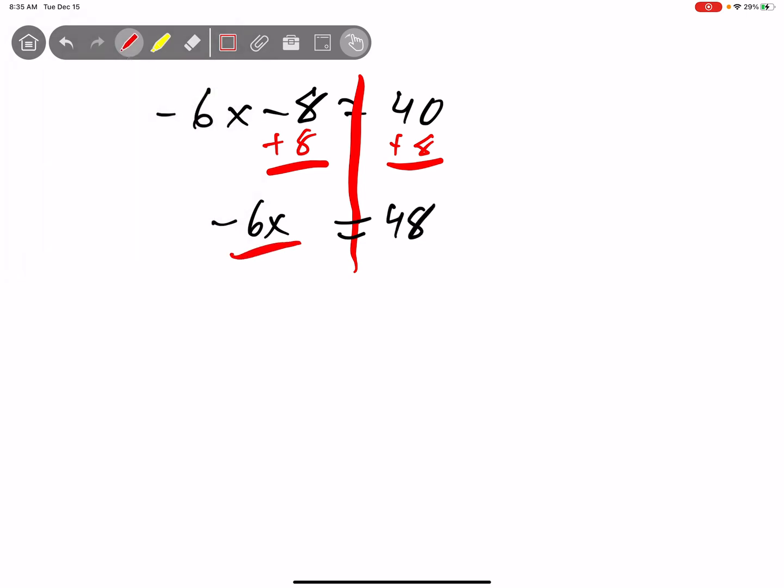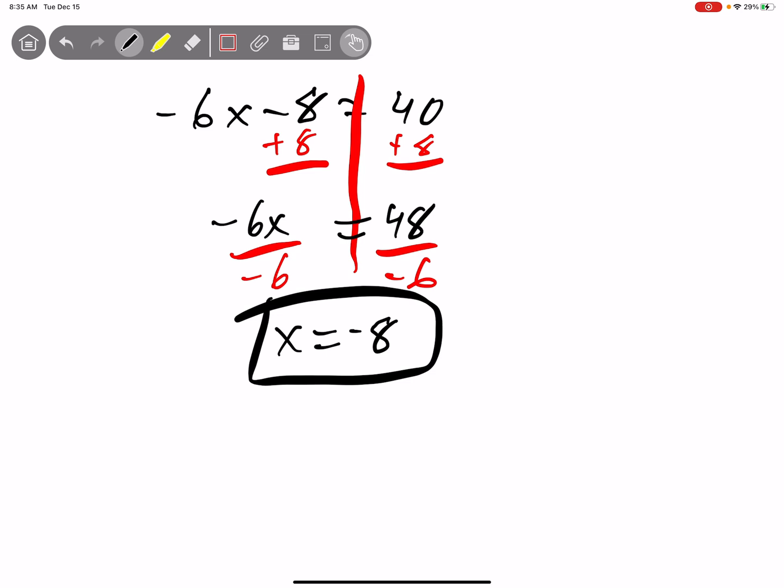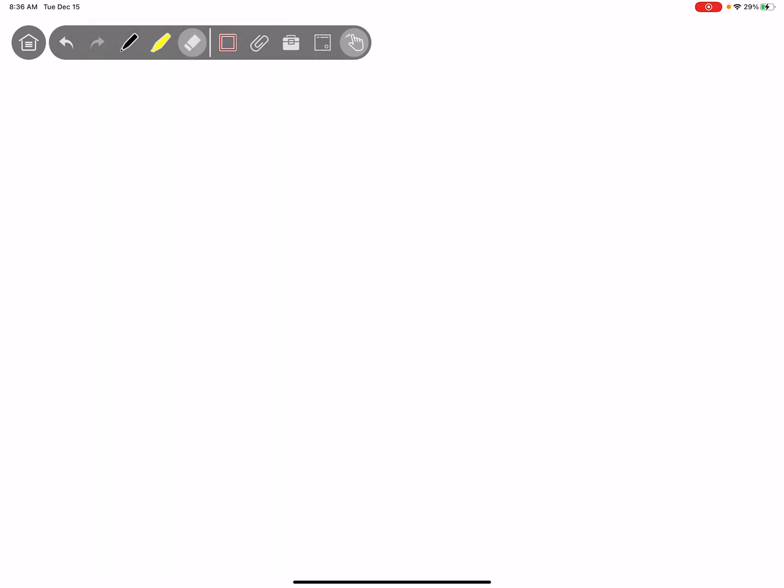Divide both sides by negative 6. And I get x equals negative 8. Okay? Again, you can pause the video to make sure that you can see the work. Let's go to the next one.